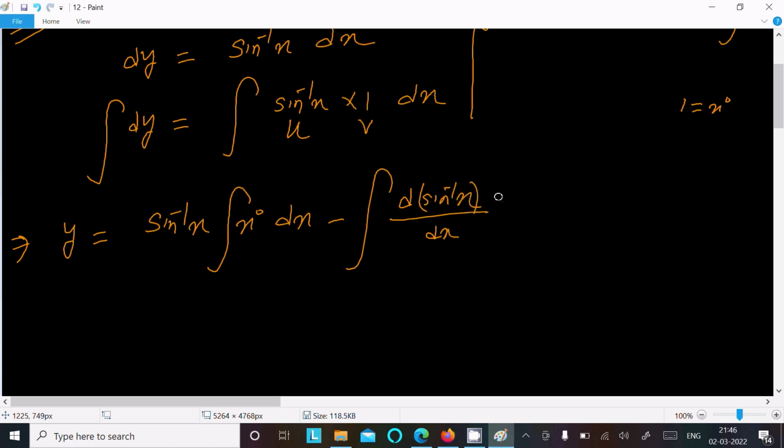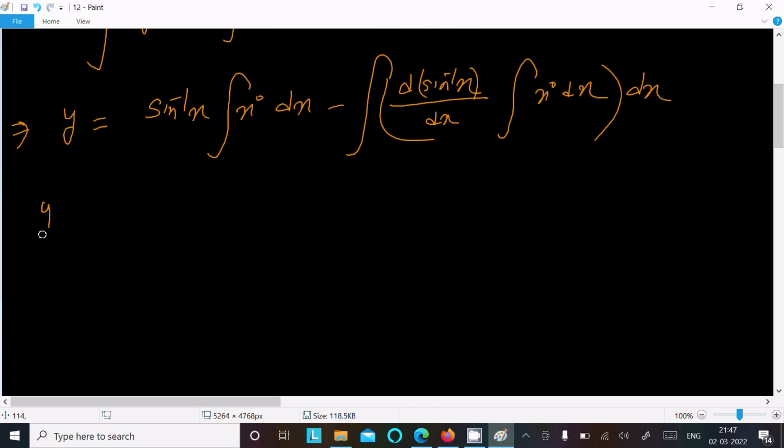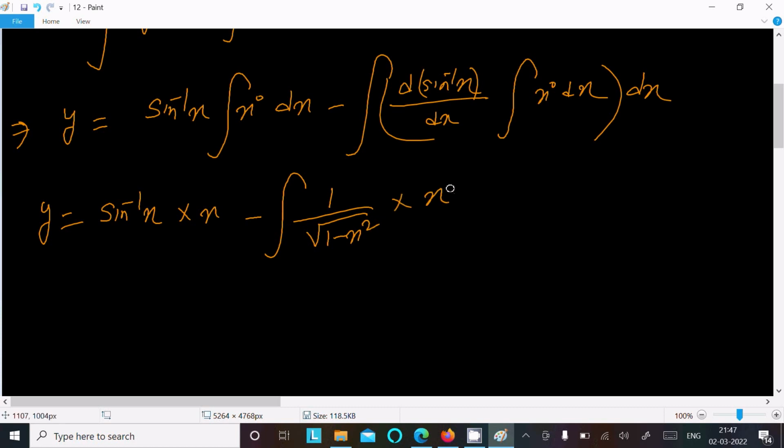And then here we can do the integration of v dx. So v is now x power 0, dx. Now y equal to sine inverse x times the integration of x power 0, that is x, minus the differentiation of sine inverse x, 1 divided by root 1 minus x square, then the integration of x power 0, x, and here dx.